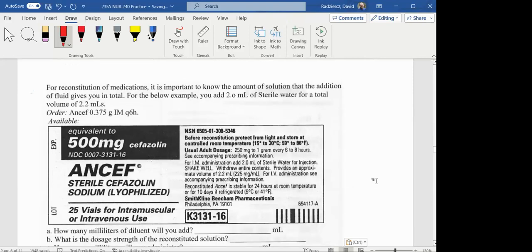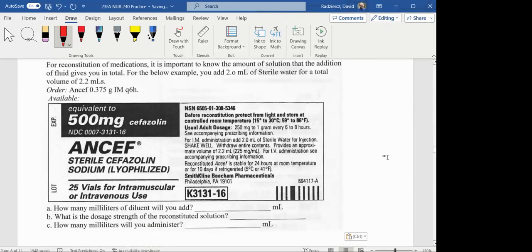All right. So what I'm showing you now is called a reconstitution problem. You've seen reconstitution questions before. It's just that the way this label is labeled is a little bit different. This is the type of reconstitution label that they look at Boyce.